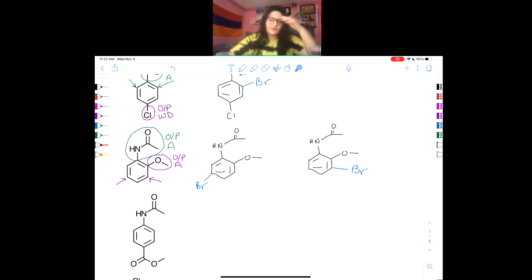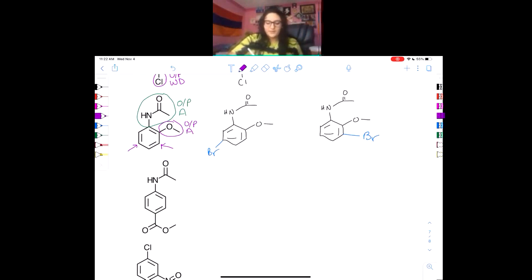Okay, so the next one, we have this group again. We already said that it's an ortho-para activator, so I'm just going to go ahead and write that in. For this one, though, what do we think? Activator, deactivator. Ooh, we're getting pretty much a 50-50 split between strong deactivator and activator, and that's kind of what I wanted.